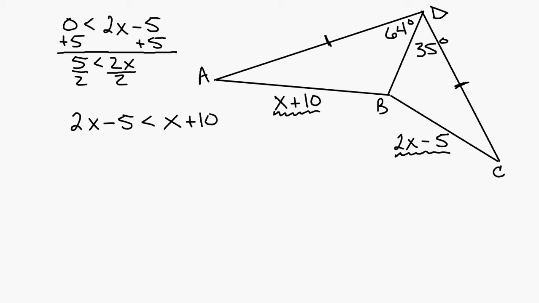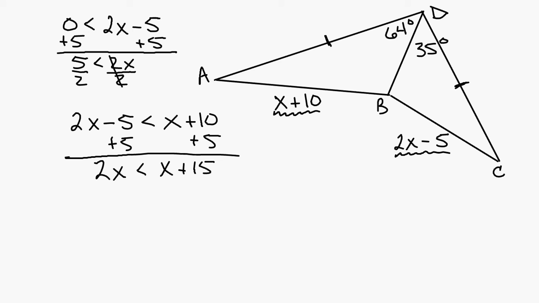So 5 over 2 is less than x. When you solve the other inequality, you would add 5 to each side. So 2x would be less than x plus 15. Subtract x from each side. x would be less than 15.